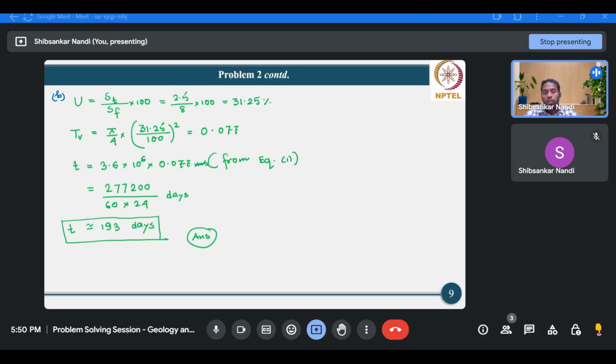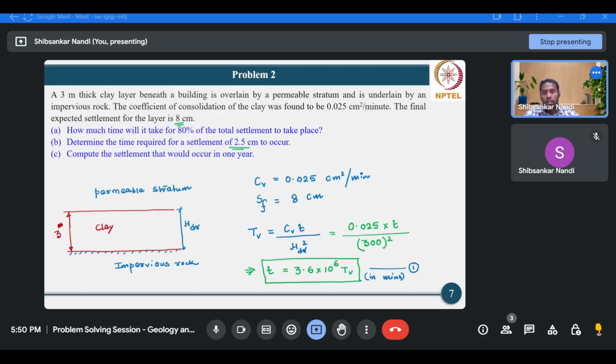If we know these things in an in-depth manner, then we can answer any questions pertaining to time rate of consolidation. Okay, so with this, I think this problem is done.